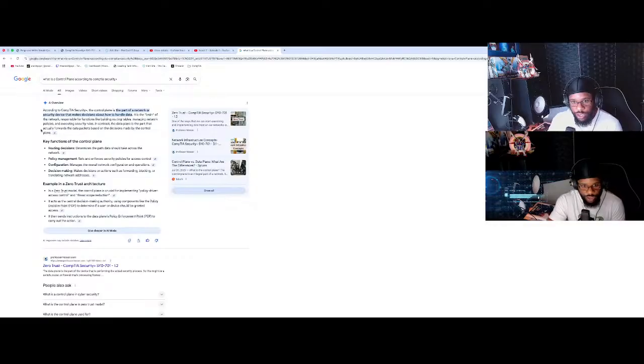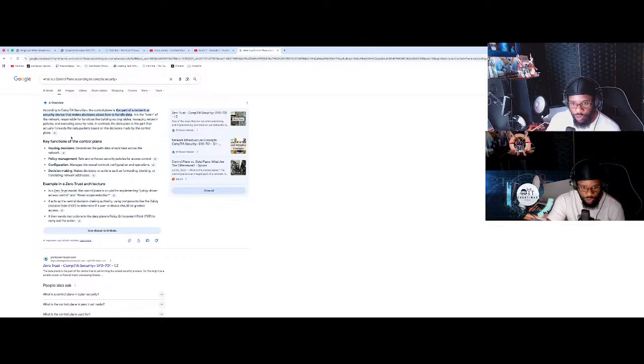It is the brain of the network, responsible for functions like building routing tables, managing network policies, and executing security rules. In contrast, the data plane is the part that actually forwards the data packets based on the decisions made by the control plane. So then you can think of it, I guess, as the brain and then the brawn of the body of the network, right?